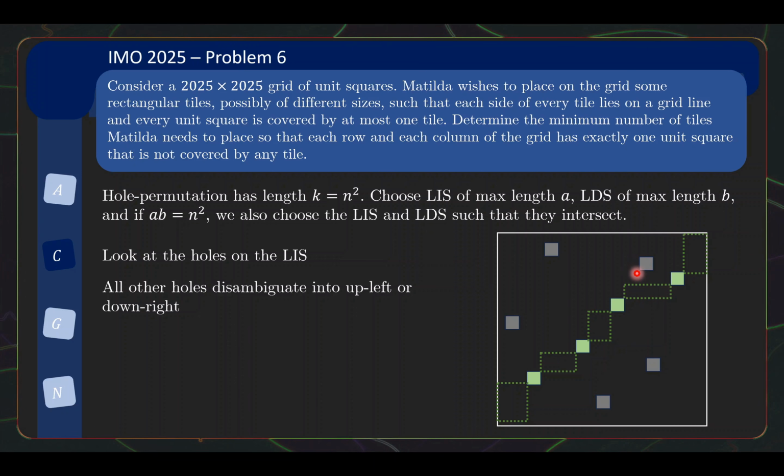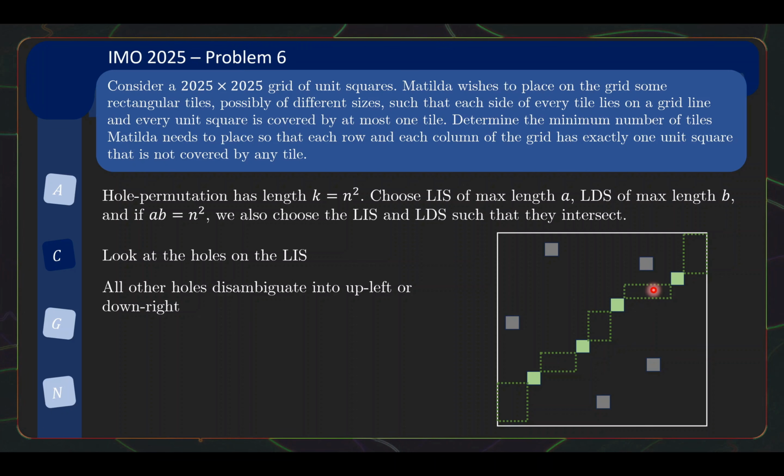And this is obvious because if you have a hole in them, you can add that hole and it will make the LIS even longer, which contradicts the definition of LIS. Therefore, each of these shaded regions in between two consecutive LIS holes will not have any holes in them.